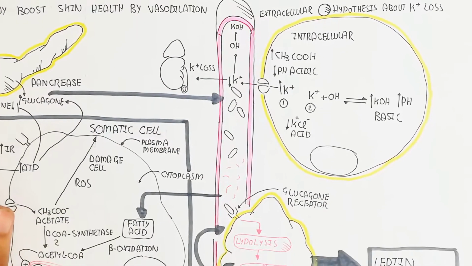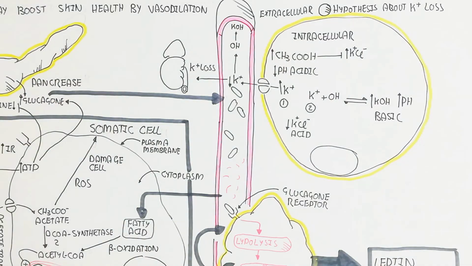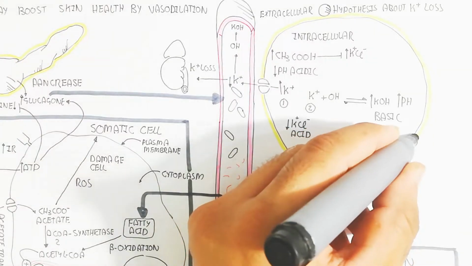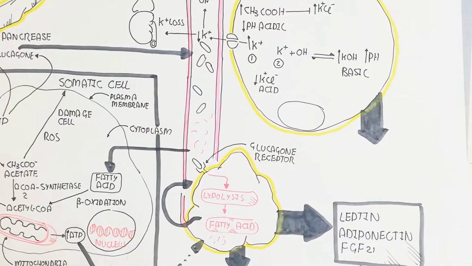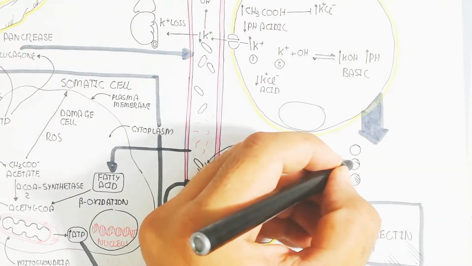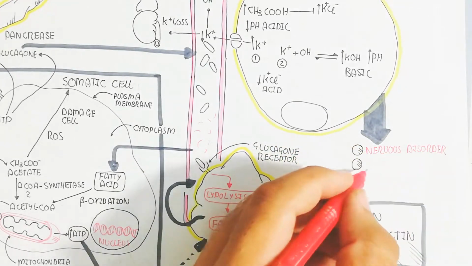So this is the homeostasis process, because potassium chloride is present in the form of potassium, which is basically an acid, so the acid will be more.